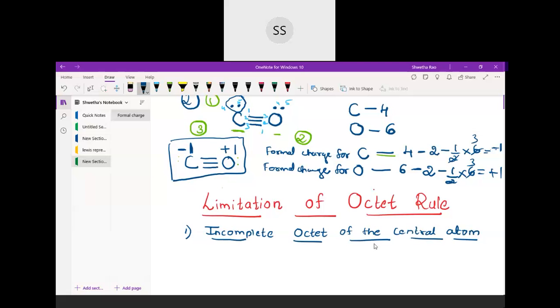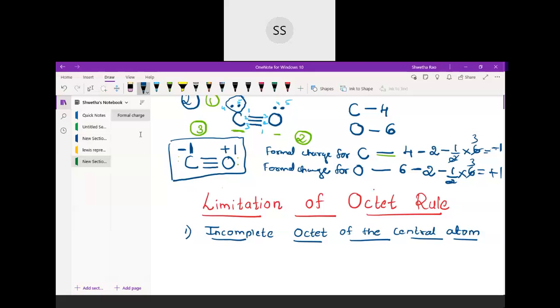According to Lewis, any atom should get 8 electrons in its outermost shell. If it wants to bind with another atom, it will try to lose, gain, or share electrons to complete that octet structure. That is what the octet rule is about.